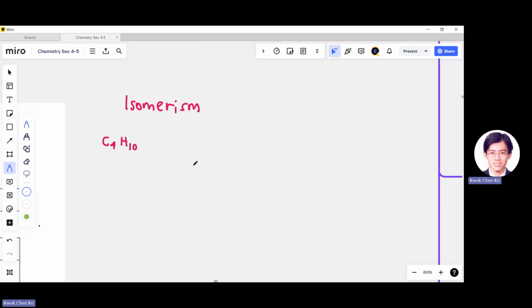So let's say I have this, C4H10. How did you draw the structure just now? Did you draw? Oh, okay, not too bad. At least there's something there. Now, what if I draw it this way? Can you check the number? Is it still the same formula?